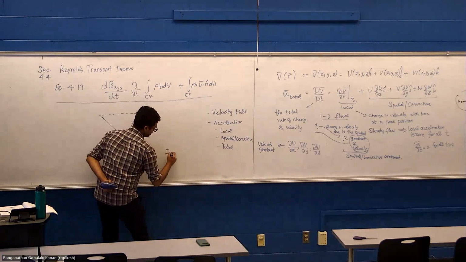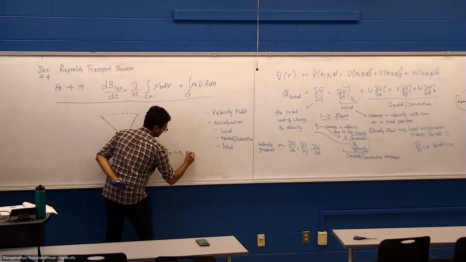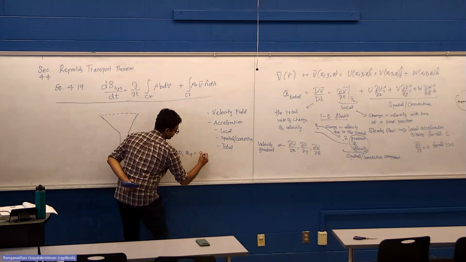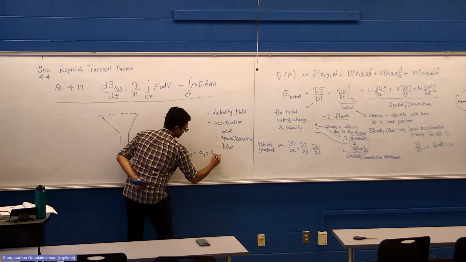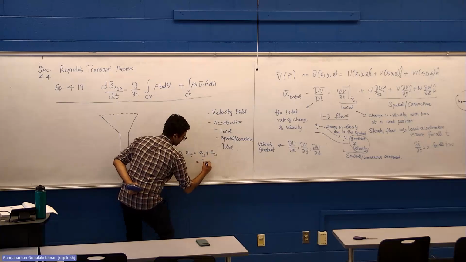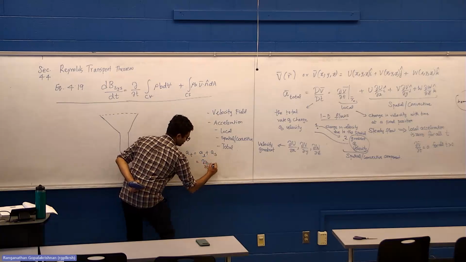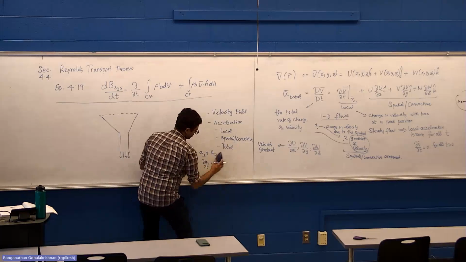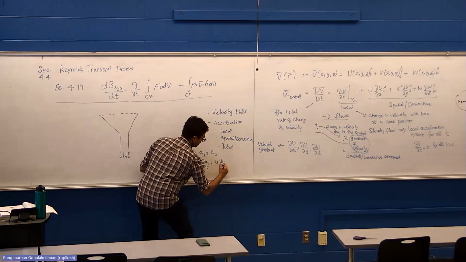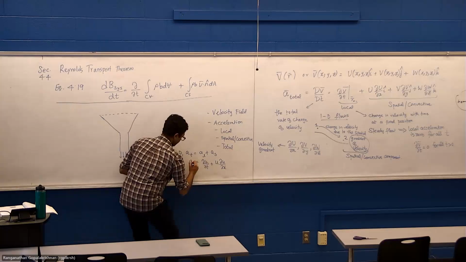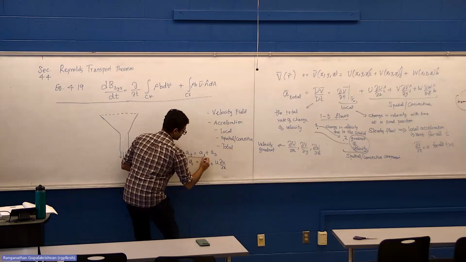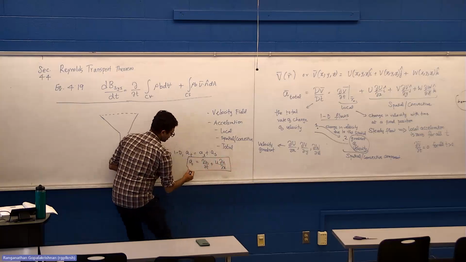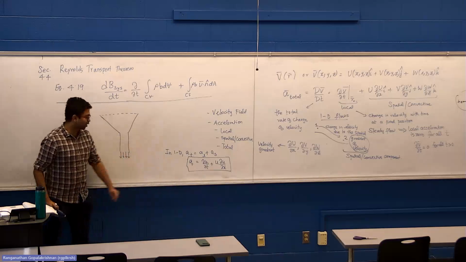In one dimension, A total is equal to A local plus A spatial or convective. This is partial u over partial t plus u times du dx. And this is what we'll use in one form or the other for most of our problem solving.